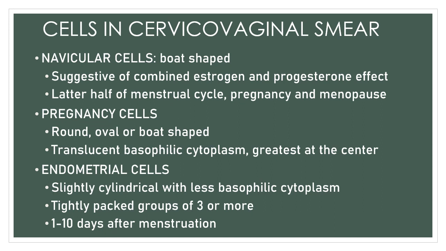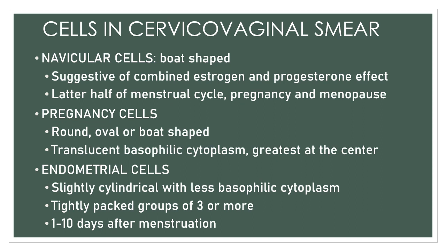That glycogen accumulation will push the nucleus to the side, towards the cell membrane. This appearance is due to a deeper blue stain of cytoplasm in the periphery. But still you have a translucent basophilic cytoplasm, and they are round, oval, or boat shaped.